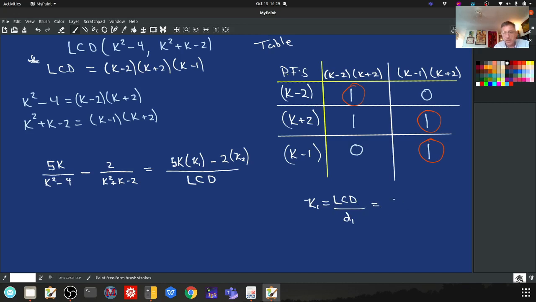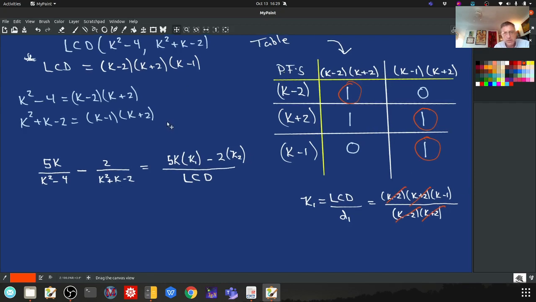That's going to be k minus 2, k plus 2, k minus 1, and my denominator I should get from this list up here, always in its factored form. So for k1, you should be able to see the k minus 2 factors cancel, and the k plus 2 cancel. So my k1 value is just k minus 1. Let me give myself a little bit more room.